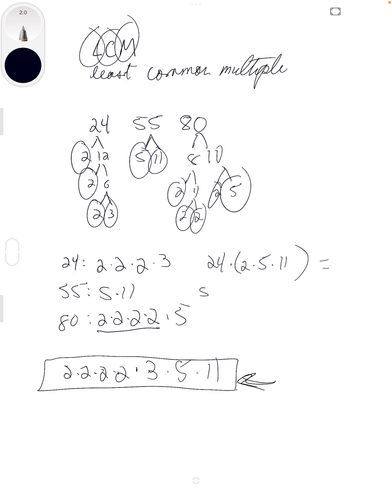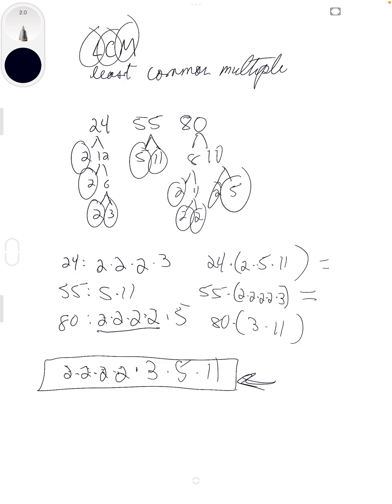On this one, 55 times, well, let's see, 4 2's and a 3, and then 5, 11 would equal this number. This number, 80 times, it's got 4 2's, a 5, it's missing a 3 and an 11.